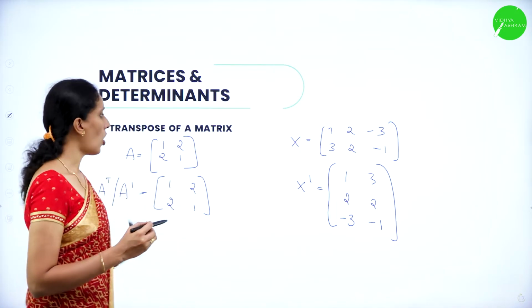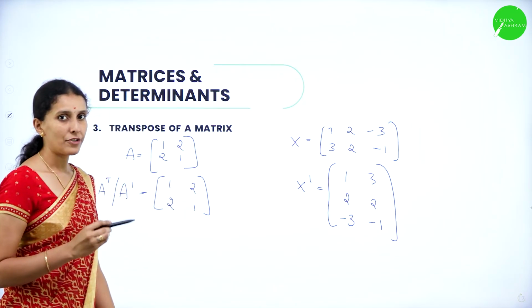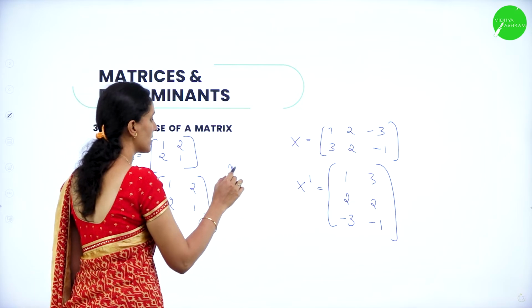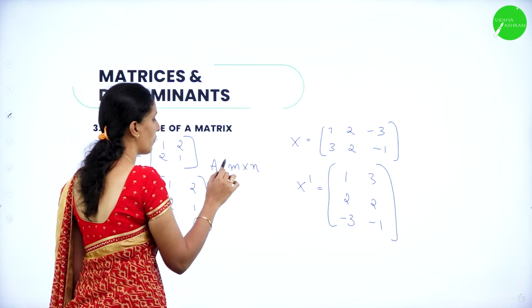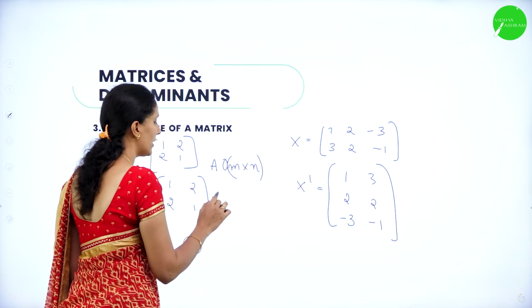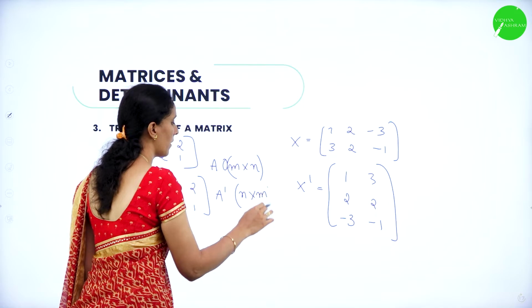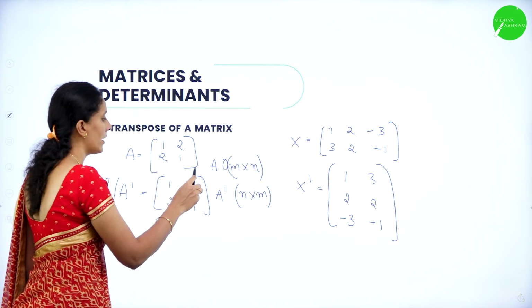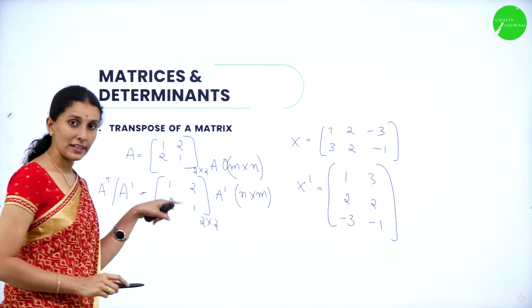And coming to the order of a transpose matrix, suppose A is a matrix of order M cross N, then A dash is a matrix of order N cross M. Here it is easy to identify both are 2 cross 2, so you will not find the difference here.